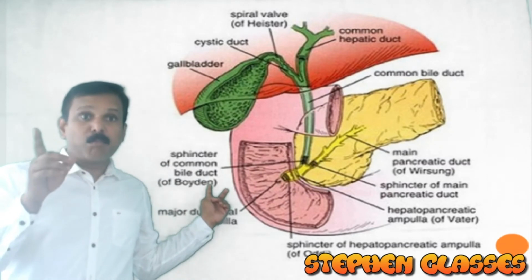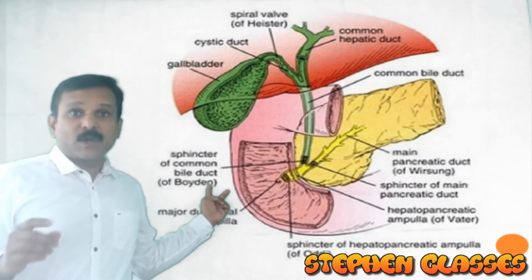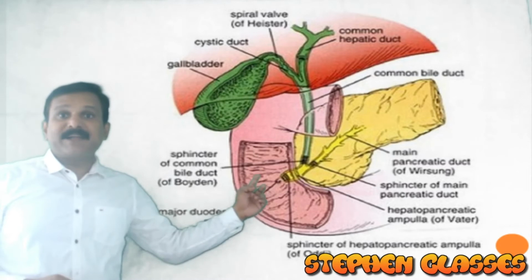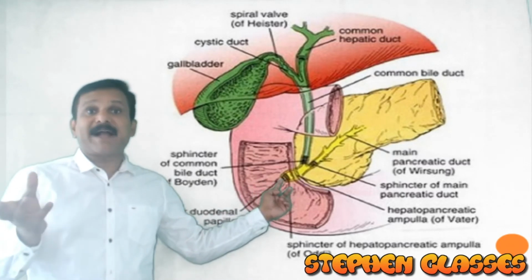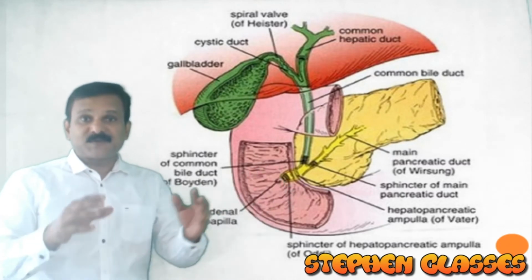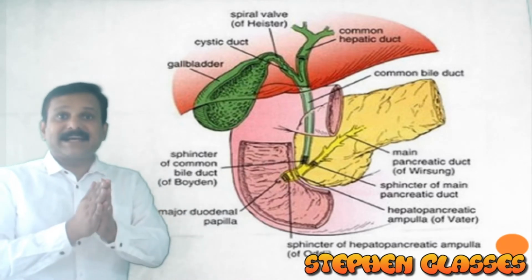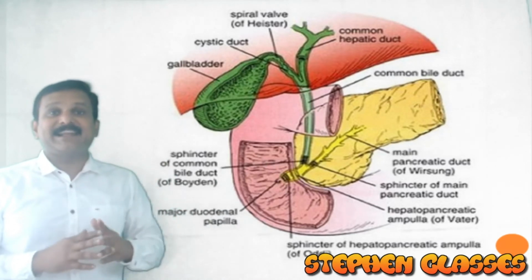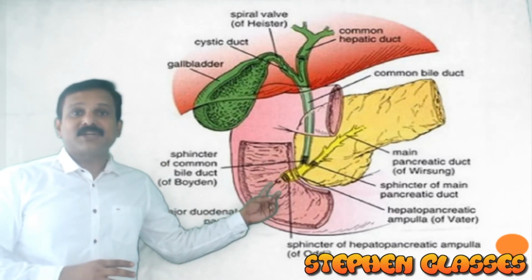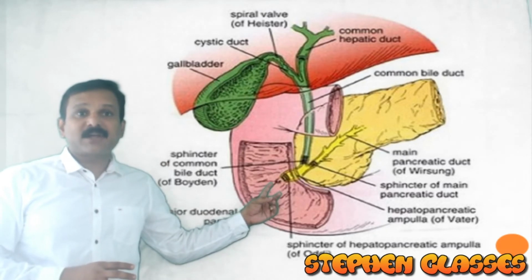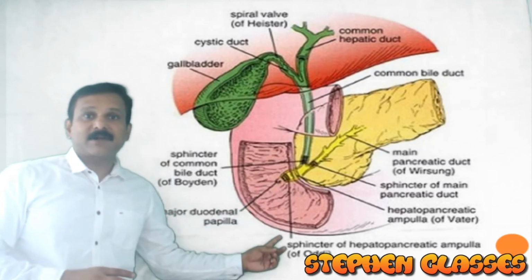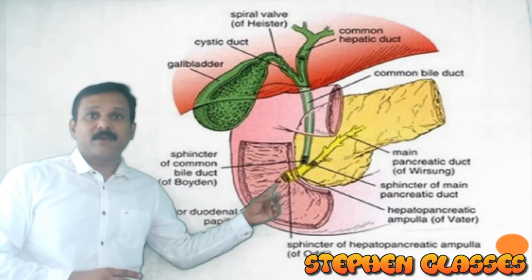You can also see a hepatopancreatic duct. How is the hepatopancreatic duct formed? By fusing the bile duct and pancreatic duct, we get the hepatopancreatic duct. In the hepatopancreatic duct, you can see the sphincter of Oddi. It is marked over here, sphincter of Oddi. You got it?